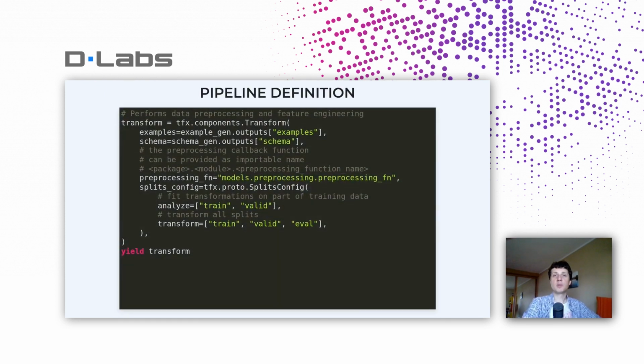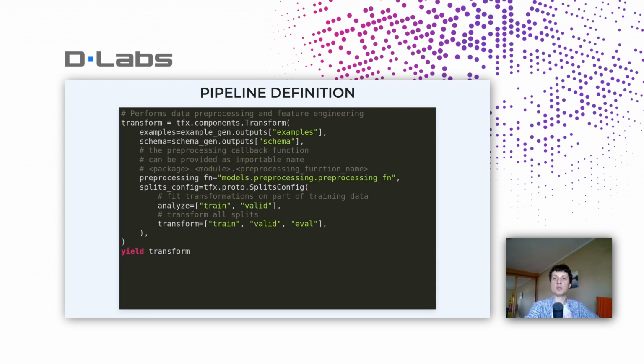In the next step, we are doing the pre-processing, and we are using the transform component for that. We are plugging in the examples that we read, we are plugging in the schema, and we are passing in a callback function. And this callback function here is expressed as an importable name. You can see that we are importing from models preprocessing a function called preprocessing function.